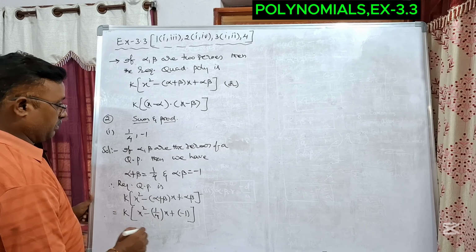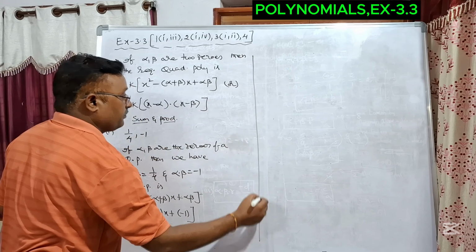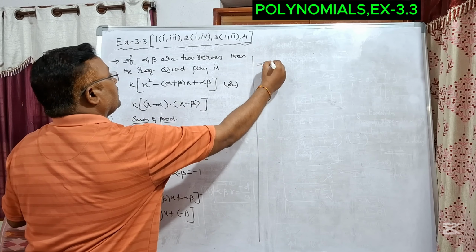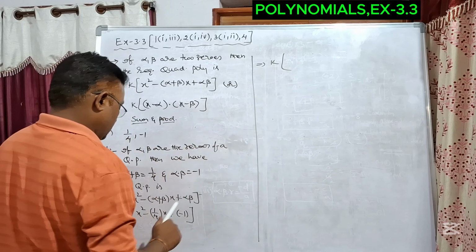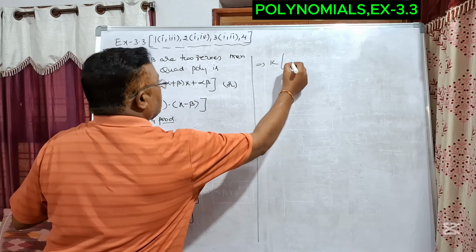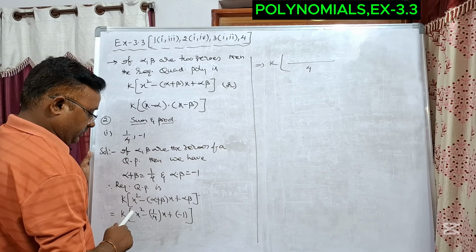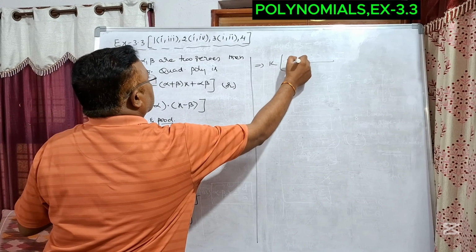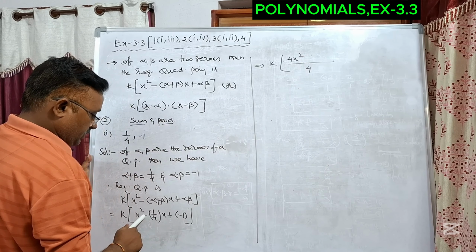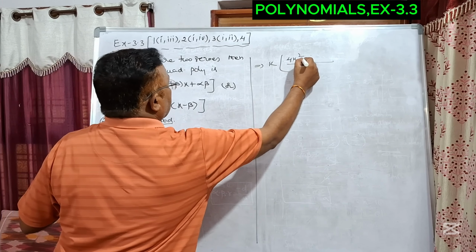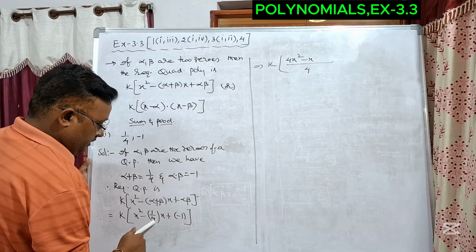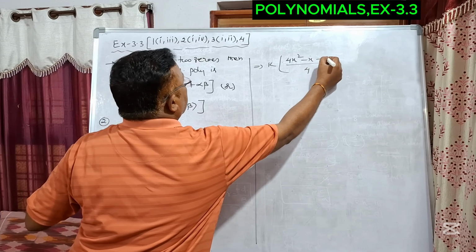So this implies k times of, here denominator 4 is there, take 4 as LCM, then it will become 4x square minus 1 times x minus, now 4 LCM, 4 into minus 1 is minus 4.